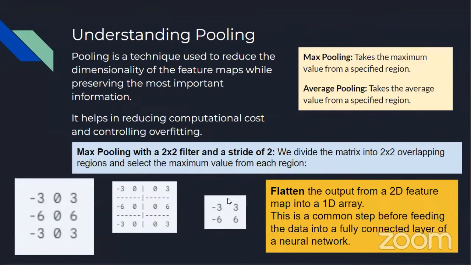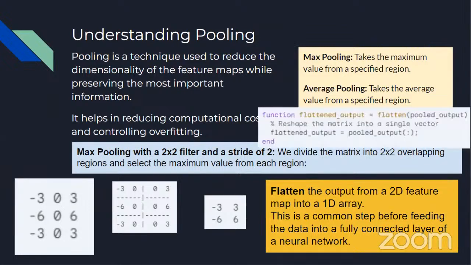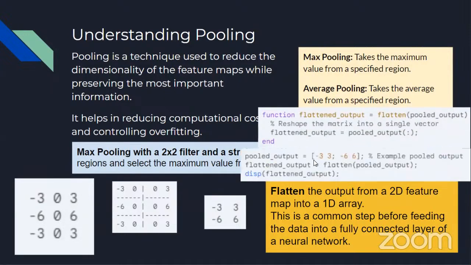Now, a very important step known as flattening is done after pooling. Flattening will convert the 2D feature map into a 1D array. You can write a function in MATLAB like this, right? A simple colon will convert 2D into a 1D array. Then you can use it on your pooled output.